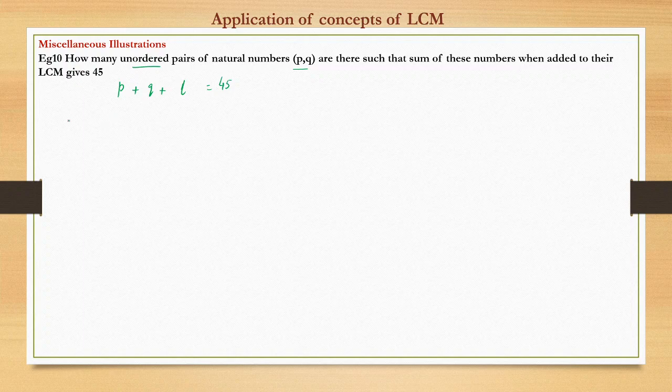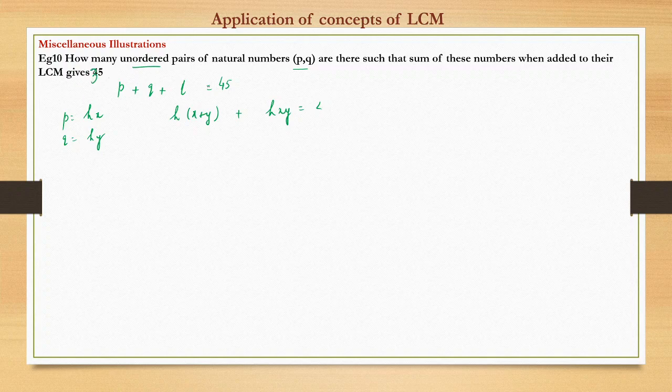So let the number p again be hx and q be hy. Okay. So we can write h x plus y plus the LCM, which is hxy, is equal to, sorry, let me make it 35, not 45.